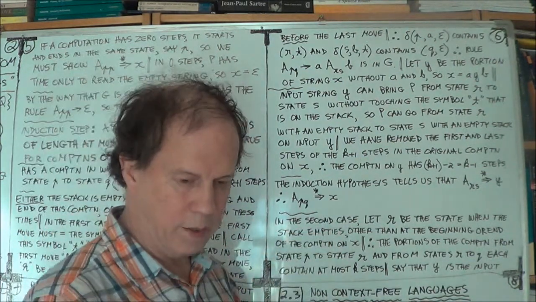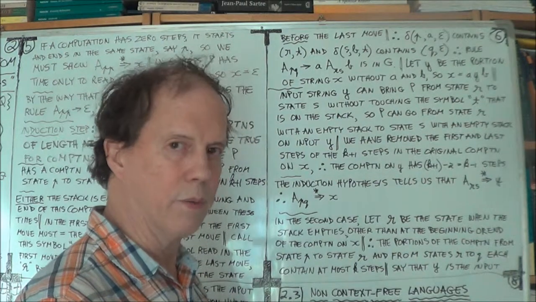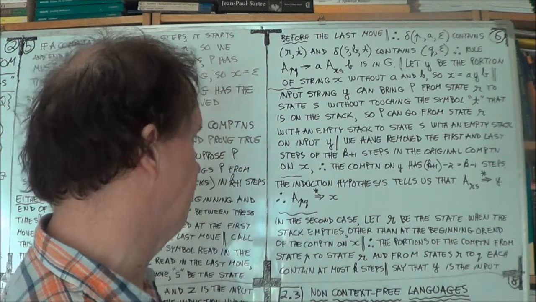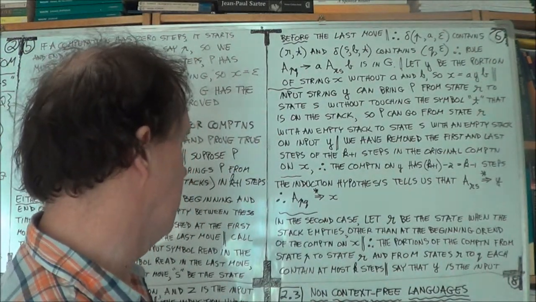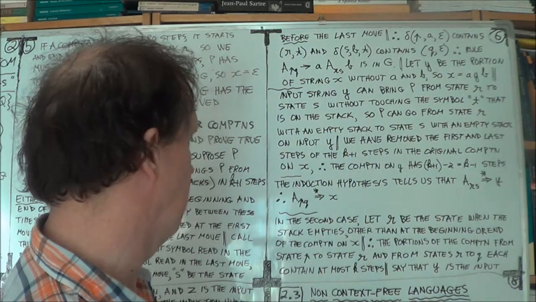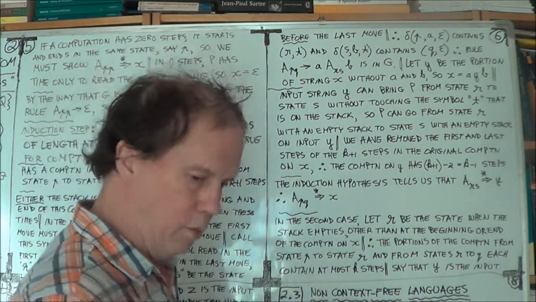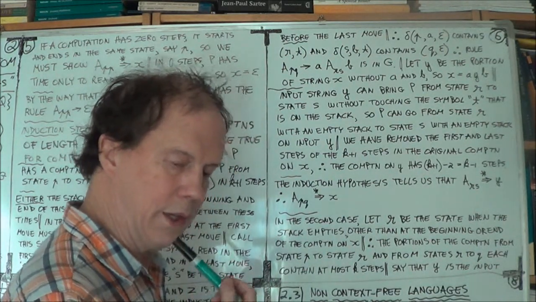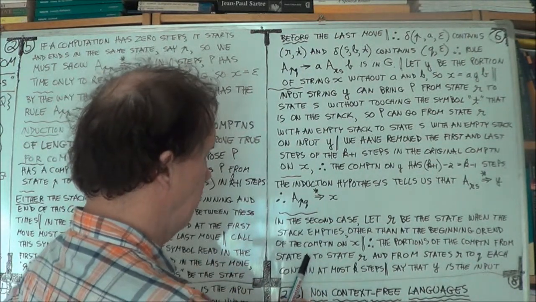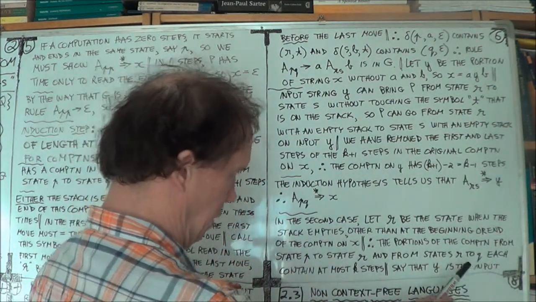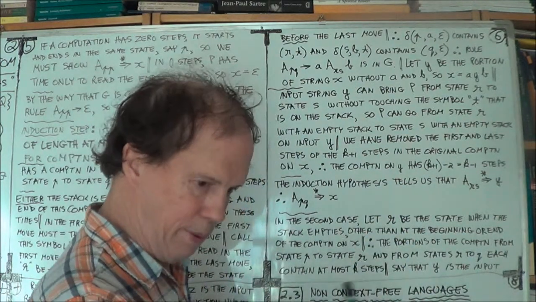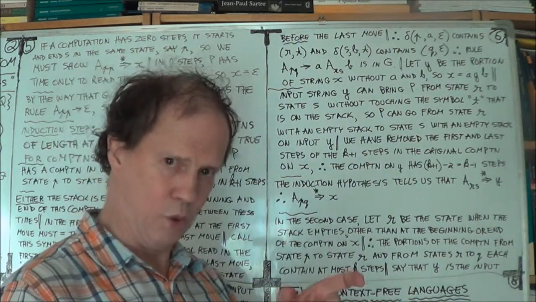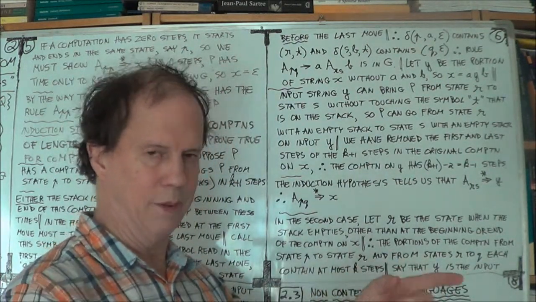Now, in the second case, that's when the stack empties more than one time between states p and q. When the stack empties for the first time, let's say the machine is in state little r. So you go from state p to little r, and then in the second part it goes from state r to q. Let's say it just empties twice. If it's more than that, you can generalize the argument.